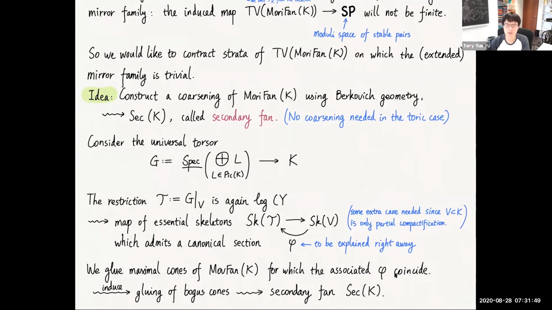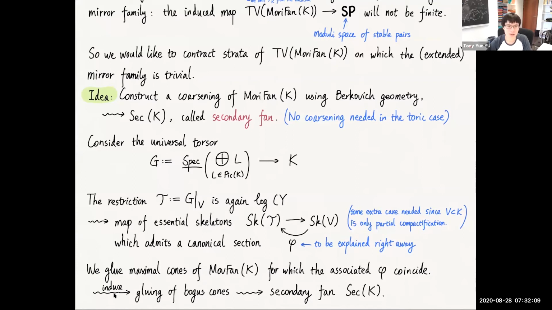And if two cones have the same associated phi, we just glue them together. And it turned out that it makes sense. We can glue them and we get a coarsening of the moving part of the Mori fan.